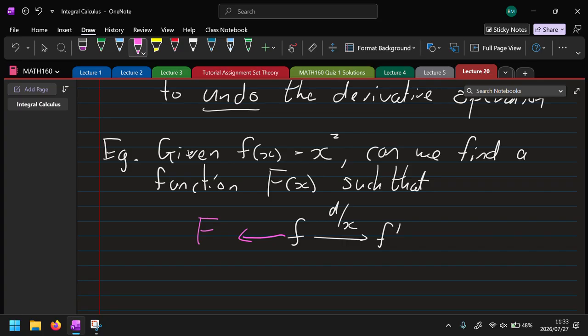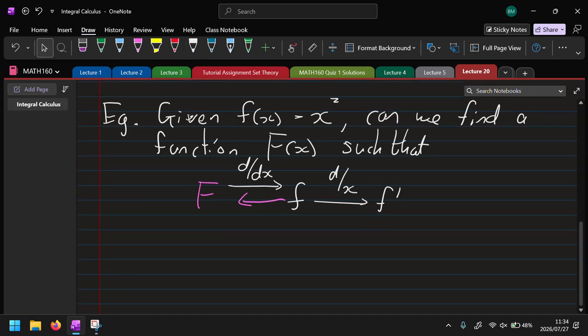From this capital F, we can go to the right. That's very easy, so that still works. This gives us the definition for capital F. From little f to capital F, that is the antiderivative we want to work out. But we can go a bit backwards because we know that from capital F to little f is just the normal derivative.